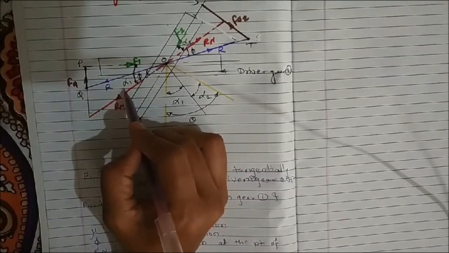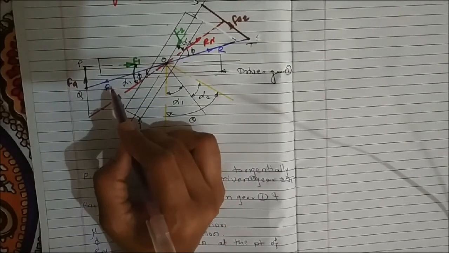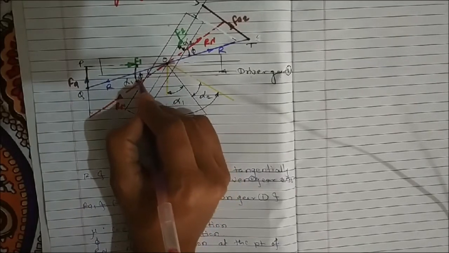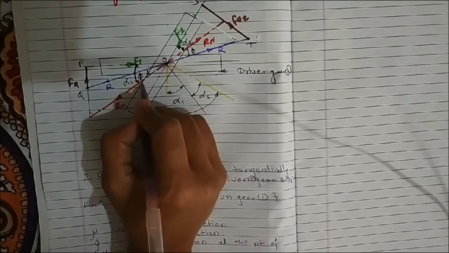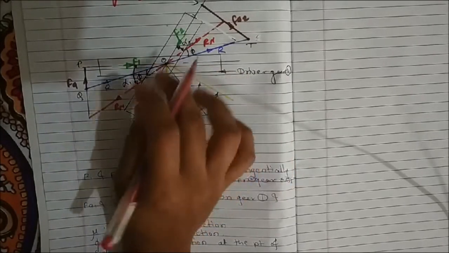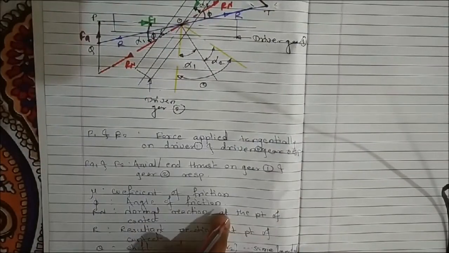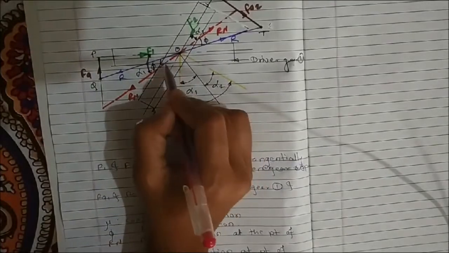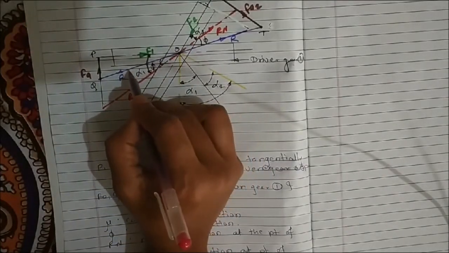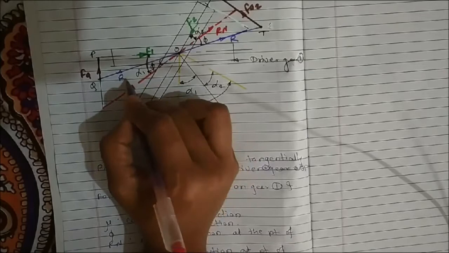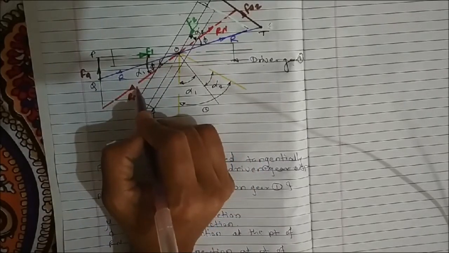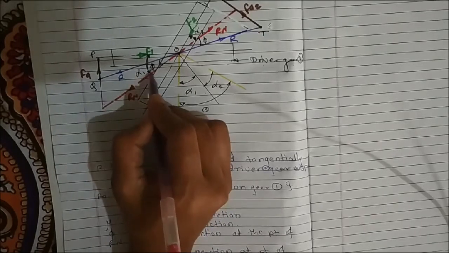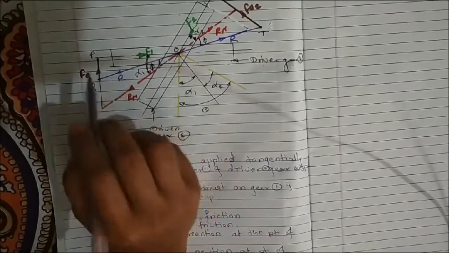What is that R? This R is the resultant reaction, because as you can see, between this R and Rn there is angle phi. Here phi is not the pressure angle, phi is nothing but the angle of friction. So by considering friction we get this resultant R. This R is the resultant force, Rn is the normal force, and phi is the friction angle.